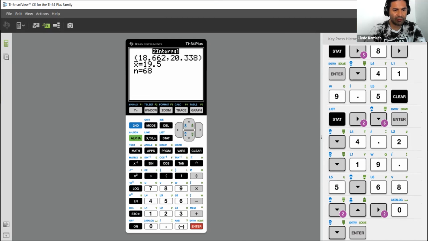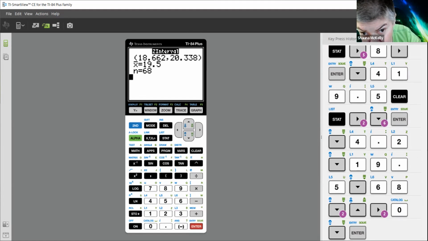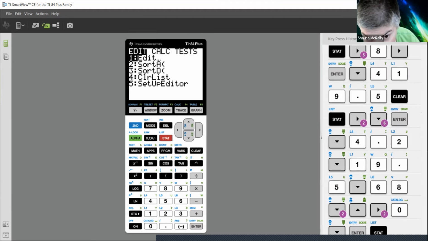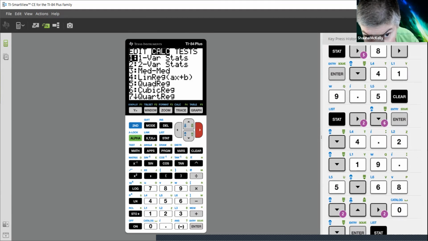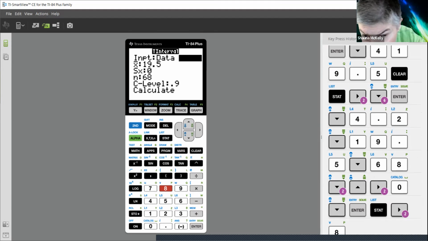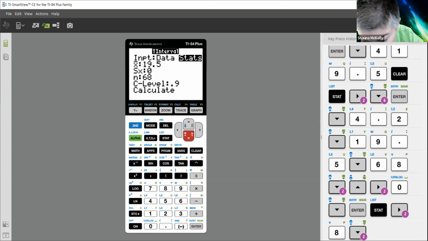Okay, 18.62. That's if you do the Z, and that's using the Blumen rules, okay? So I got the same thing you did. Now, if I go back and do stats, tests, and I do number 8, which is the t-test, Sx is gonna be 4.2.